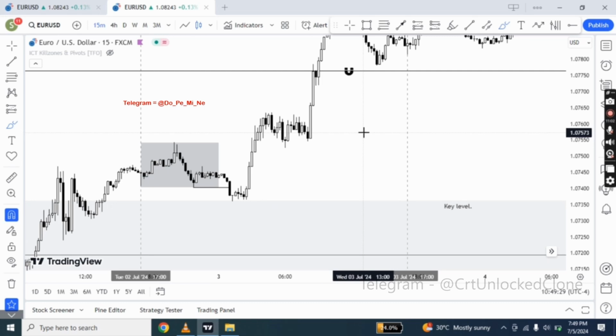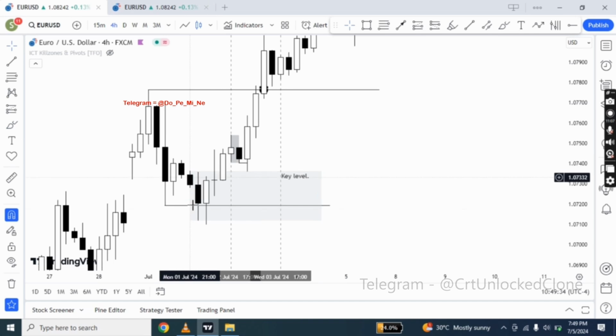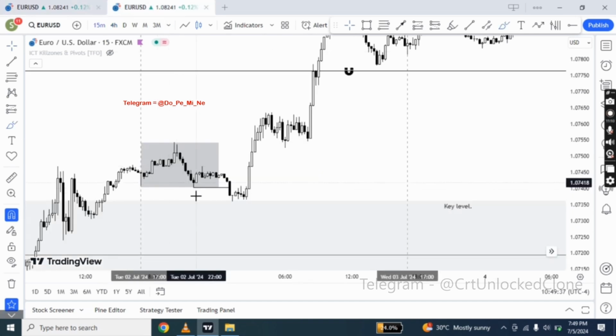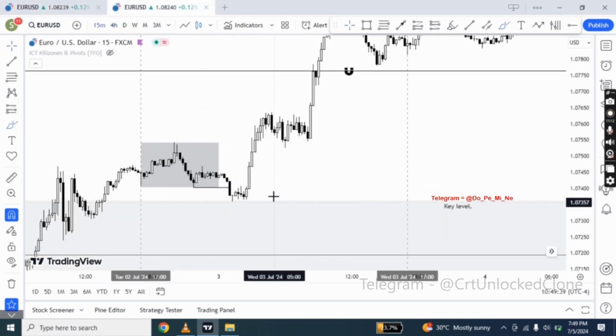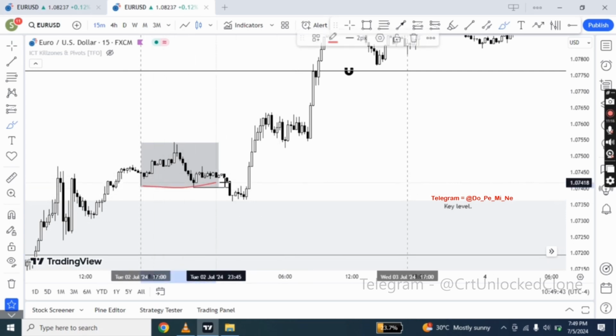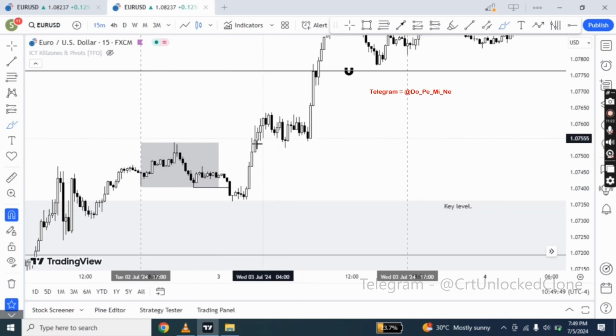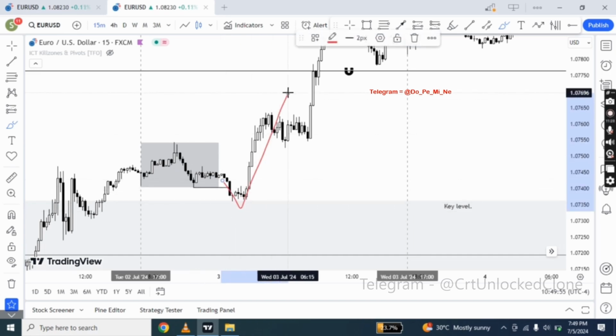But again, that's not a problem for us, because we did our higher time frame analysis and we drew this key level on the 4-hour time frame in the form of an order block. And on the lower time frame, we can see that price didn't test that key level, right? And formed the range just above that. So using the same logic over again, we know that if price is going to expand higher, first it has to test a key level, right?